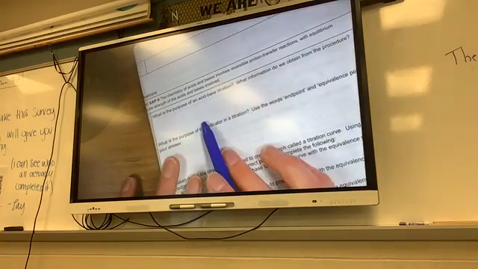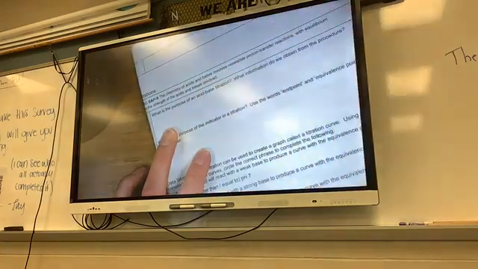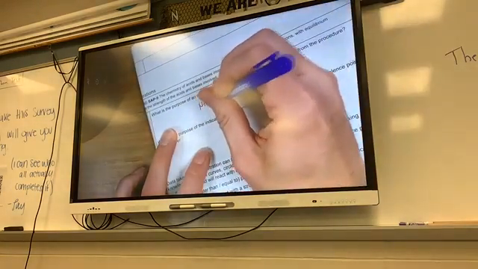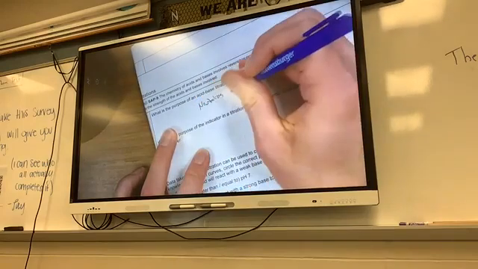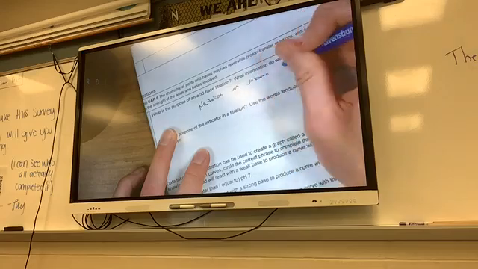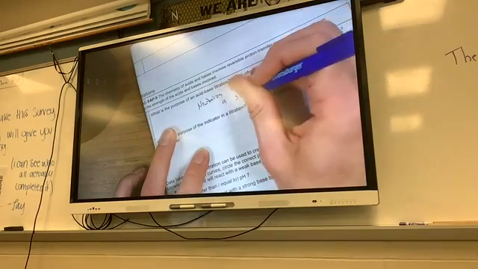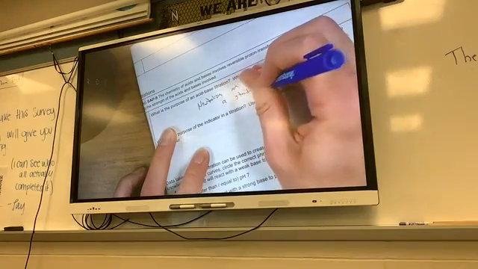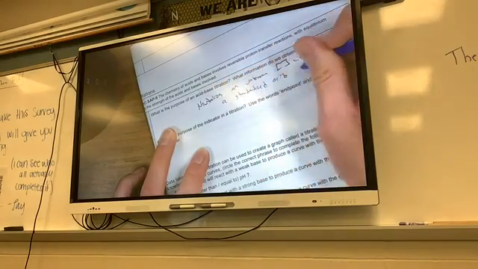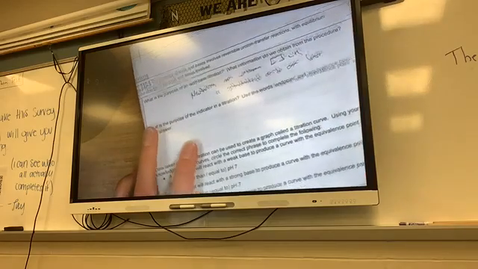What is the purpose of an acid-base titration? First of all, you're neutralizing an unknown concentration with a standardized acid or base. Then you can figure out the moles of one, and figure out the moles of the other.